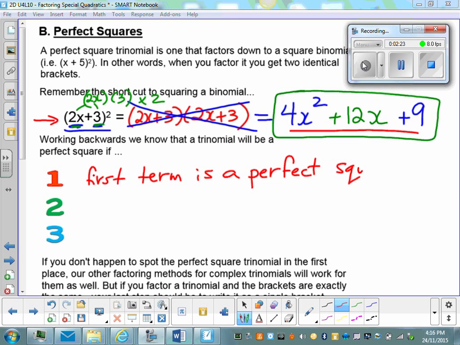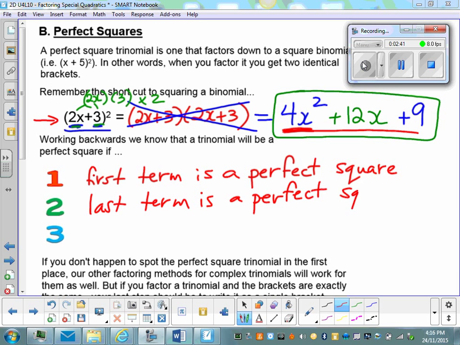And we talked about perfect squares today in class because we were looking at difference of squares. This is the same idea. 4x squared is a perfect square. The last term is also a perfect square.